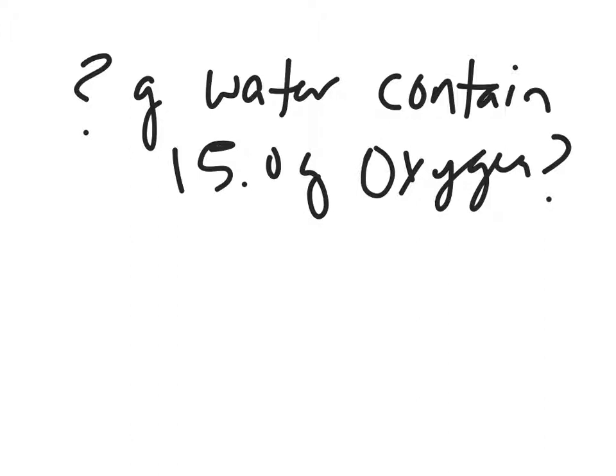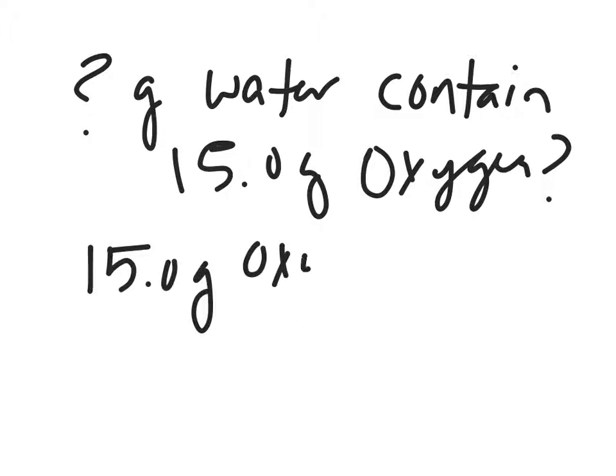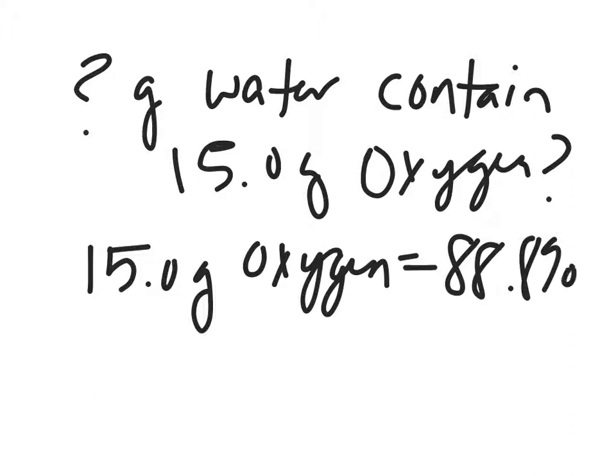So in this example, we would say, well, 15 grams of oxygen has to be equal to some fraction, some percentage of the water. So 88.8% of X grams of water. Because we know that 88.8% of water is oxygen.